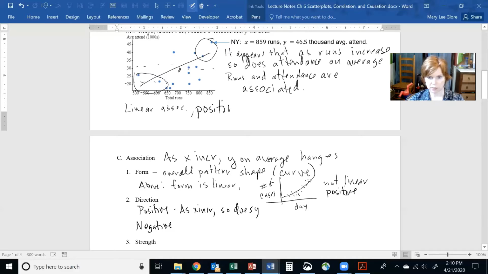Some relationships are negative. Negative means as x increases, y decreases. So I might have something that looks like this. This guy's linear in form, but it has a negative direction.